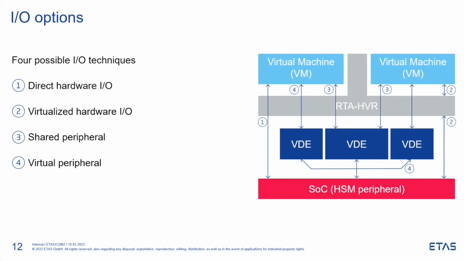The third case introduces this concept of a VDE, a virtual device extension. And what we're looking at here is a shared peripheral. So there may be devices on the hardware which all of the virtual machines want to access, but there aren't enough devices for each virtual machine to have unique access. One example of this could be an Ethernet controller.